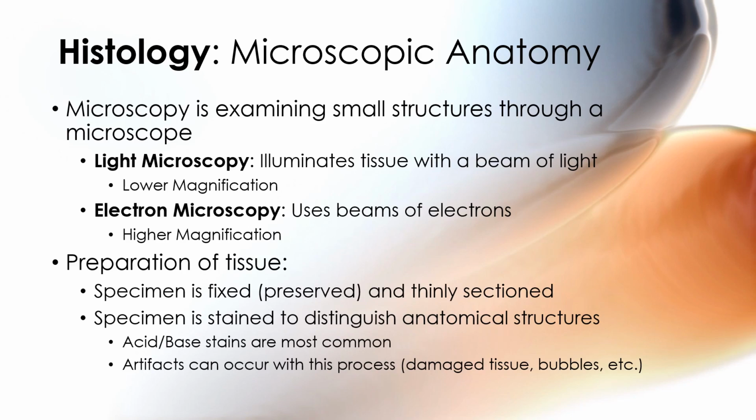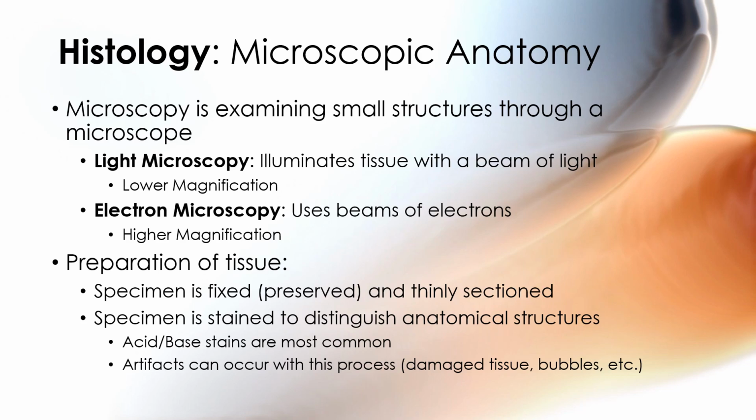So what do you have to do to the tissue? Again, don't get too caught up on this, but you're going to preserve the tissue and then make a very thin section of the tissue. Then to be able to see certain things, especially with light microscopy, you're going to have to stain the tissue so that different structures come out with different colors.